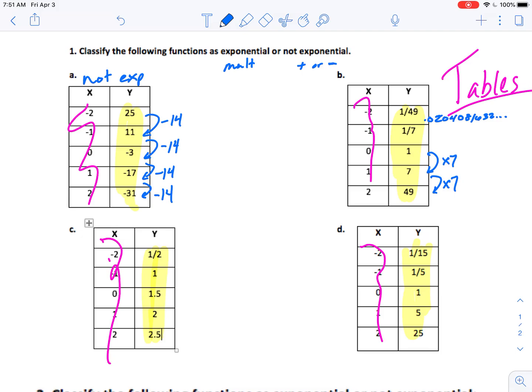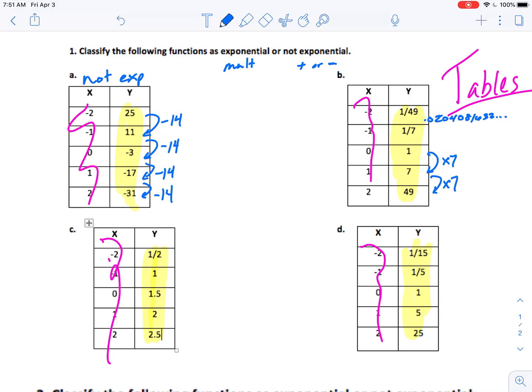Let's see. 1 times what is going to get me 7? Well, I could do 1 times 7. Let's see if that keeps working. Is 7 times 7 going to get me 49? That seems to work.